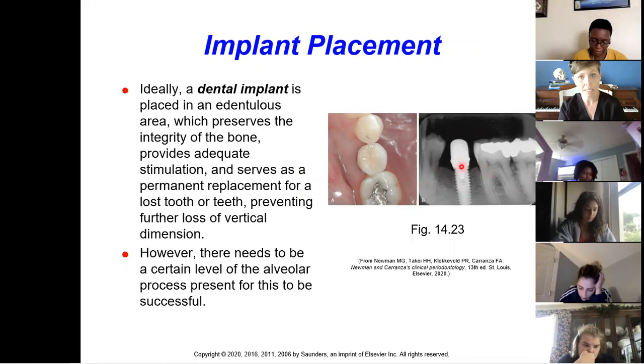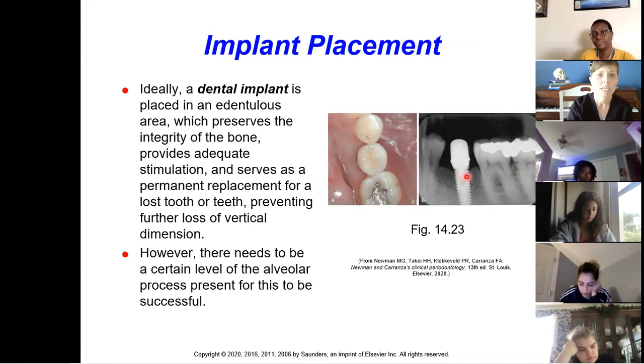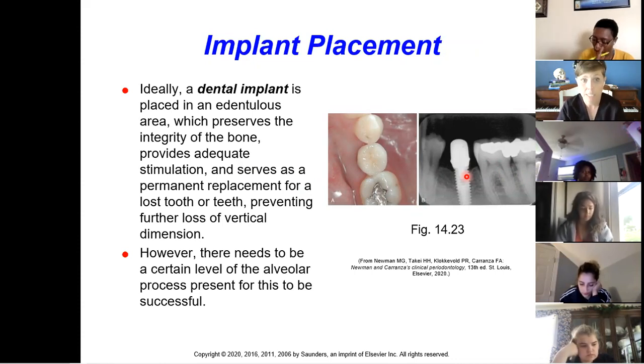You can see that the bone doesn't come up as high, but it still preserves the integrity of the bone, provides adequate stimulation, and serves as a permanent replacement for a lost tooth. I always say, if you have to have a double root canal, just get the implant. I think it's a much better option. And look, yes, I know that this is the implant, but you can't really even tell that that's the implant.